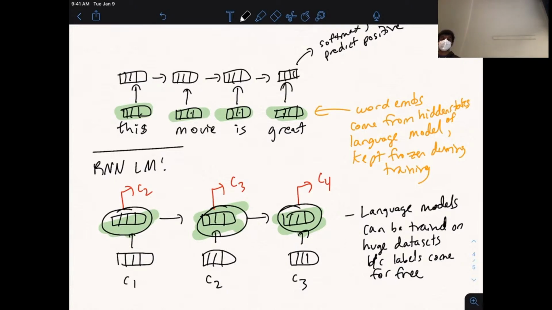So you might need to know what the syntactic structure is of the phrase that you're currently in, or that the word eat is usually followed by some food, some world knowledge like that. So there's a lot of information that is useful for sentiment and for a lot of other tasks packed into those vectors. And we're not going to be able to replicate that by learning these word embeddings from scratch. That's the idea.